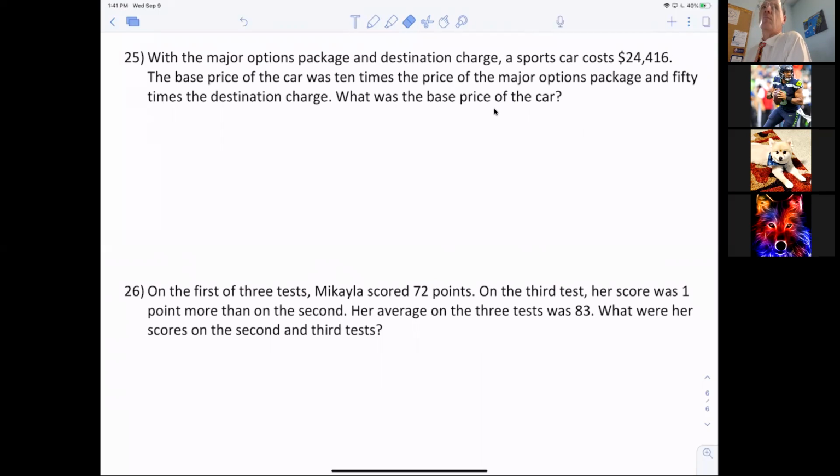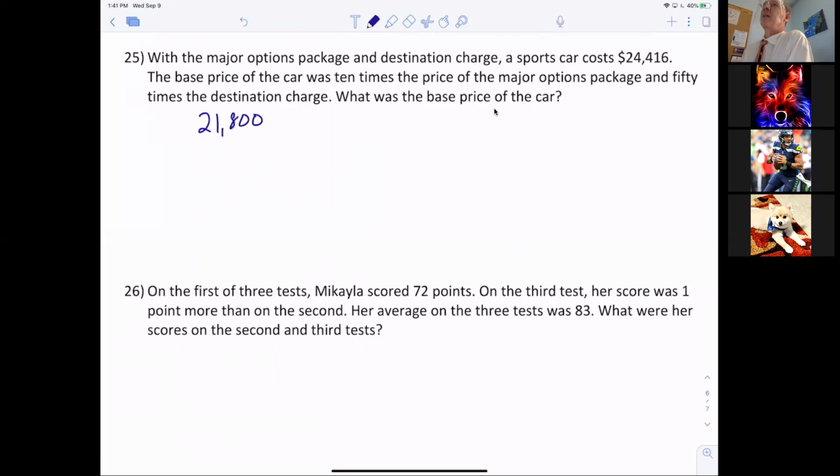Hold up, Lucas, go. I got 21,800. So Lucas says 21,800. I'm definitely not saying that's right for sure. I got 21,486 and 8 cents.